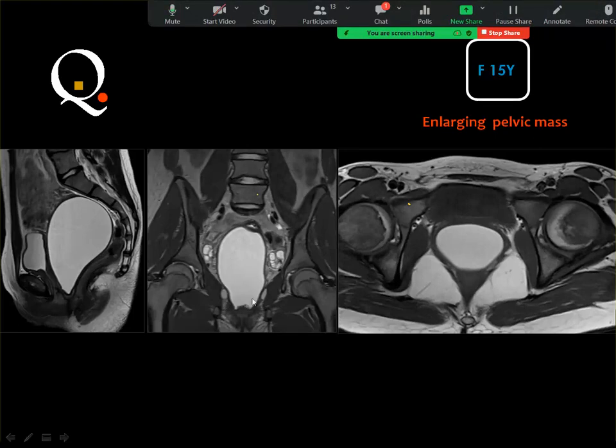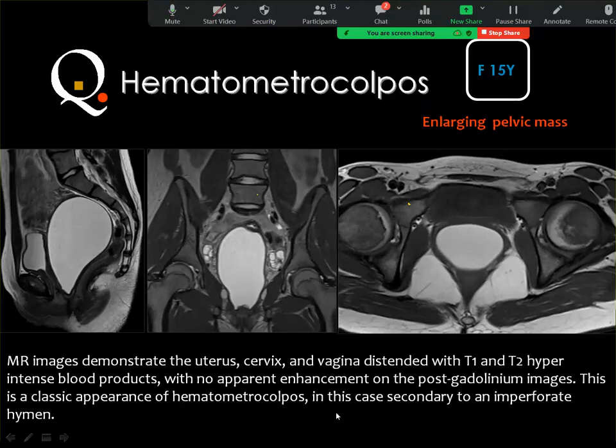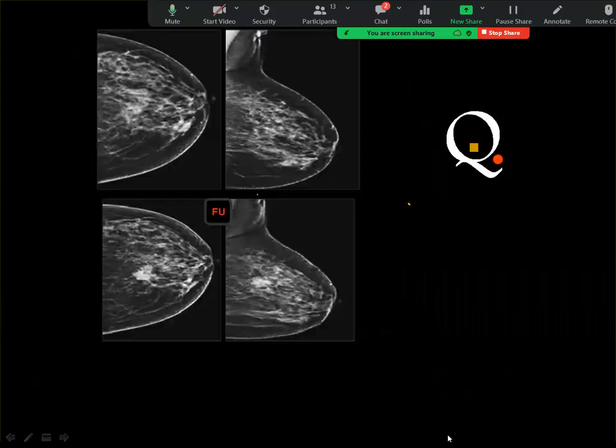This is the vagina, which is markedly distended by fluid, and in this age group you consider blood. Then this is hematocolpus. If you also can identify that the uterus is involved, but you cannot identify this in these images, you say hematometrocolpus.